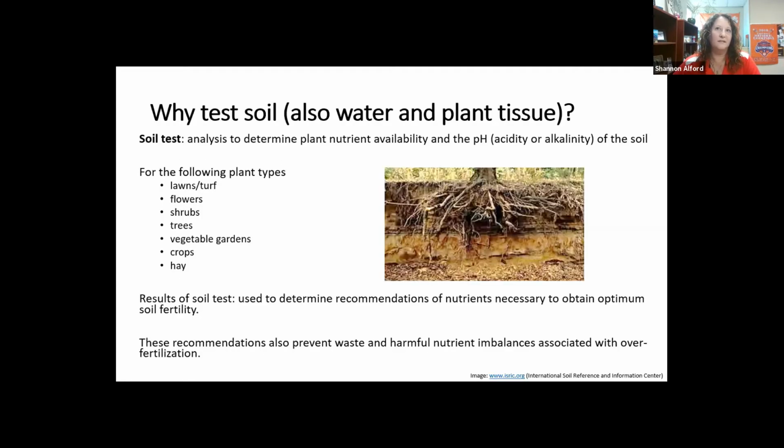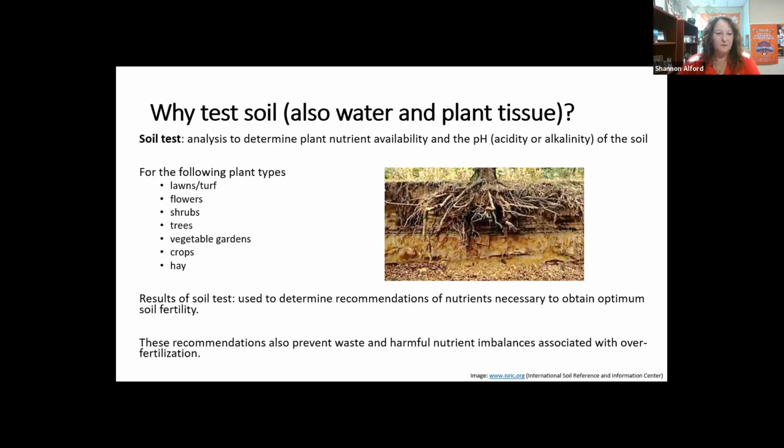So one of the things I like to ask and answer is, why do we test soil? And also, I'll briefly mention water and plant tissue in a little bit more detail. Generally, hopefully you got an idea about why to test soil from the lab tour. We want to determine plant nutrient availability, meaning nutrients that are available to your plants to take up, and also the pH of the soil, because as you'll hear from both me and Kerrie probably, pH is really critical to nutrient availability.